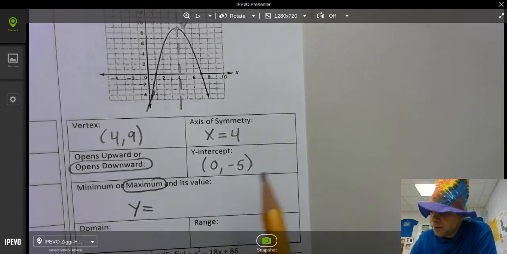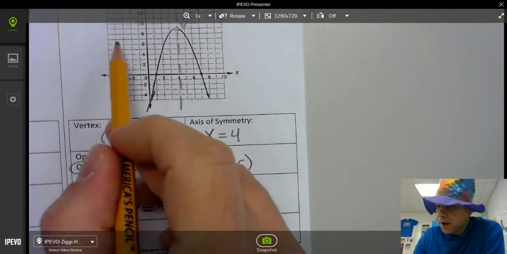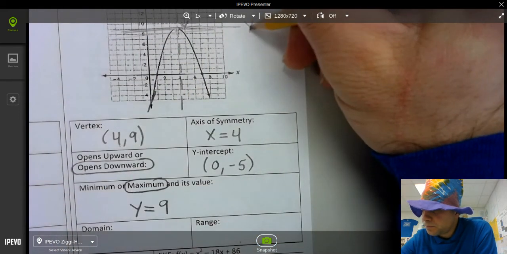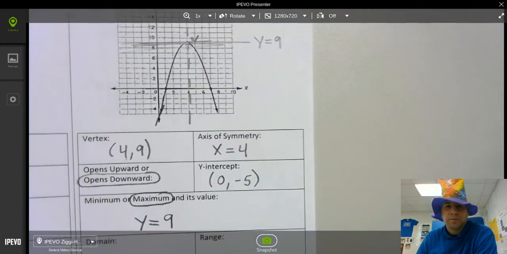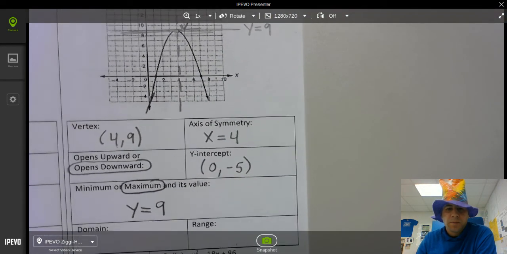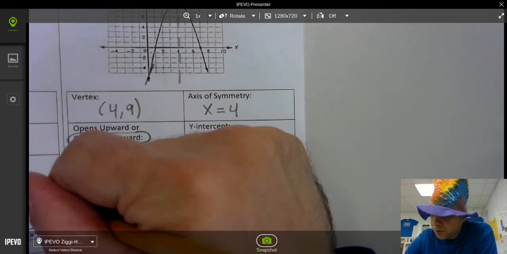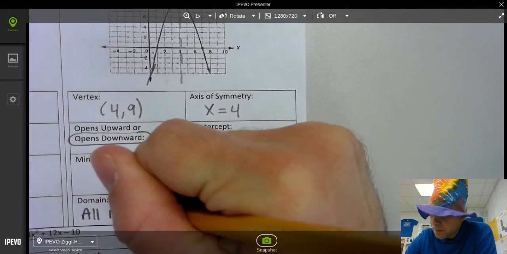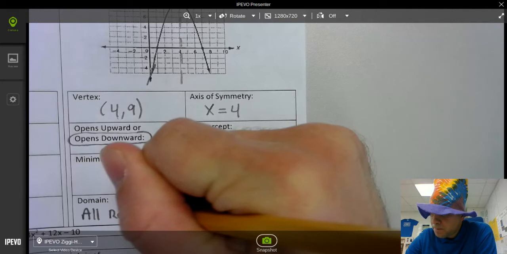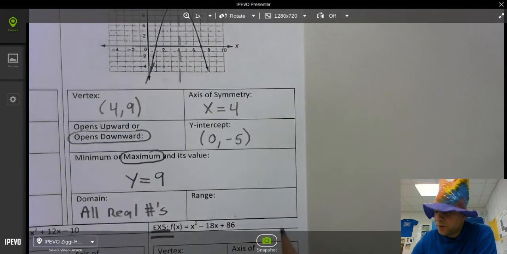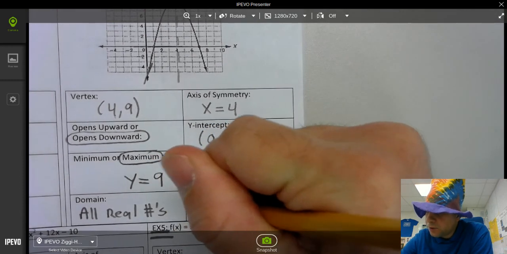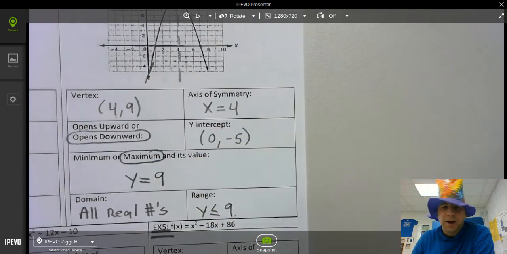So our maximum is y equals 9. Okay, and our domain is all real numbers. And then the range, since it's opening downward, is y less than or equal to the maximum value, which is 9.